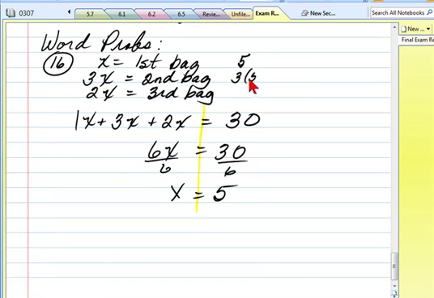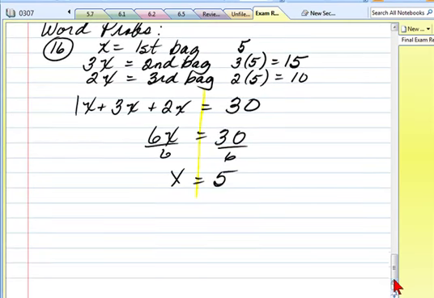So it'll be 3 times 5 or 15. And in the third bag, it's 2x, so it's 2 times 5, which is 10. So your answers are 5, 15, and 10. Okay? Please give me all 3 answers.